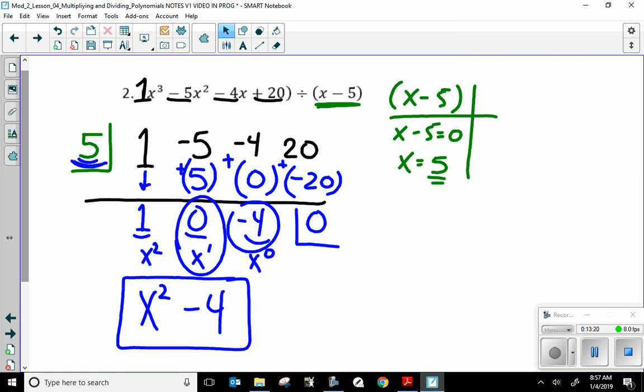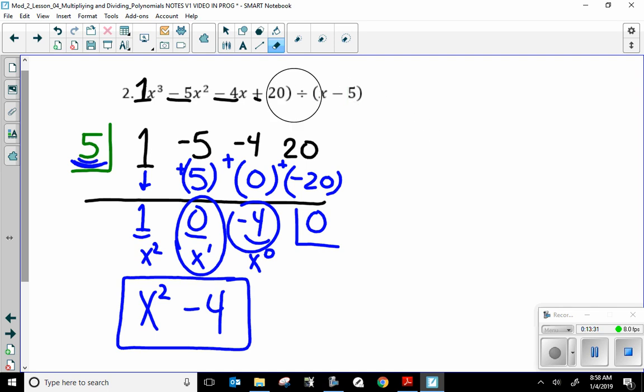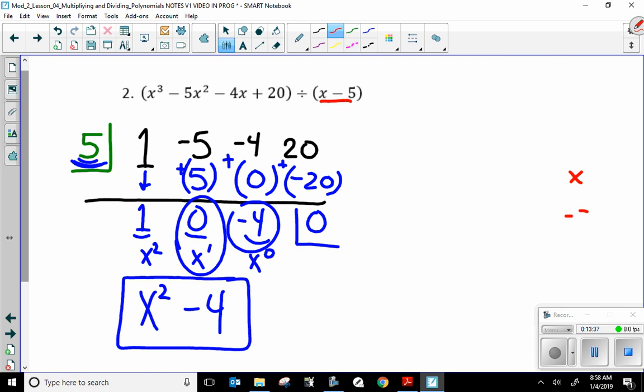And just for poops and giggles, I'm going to do this using reverse tabular, and I'm going to show you that I came up with the same answer. Okay? So let me get some room right here. I know this is too tall, so I've got x minus 5. All right?